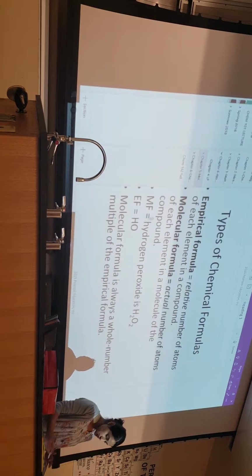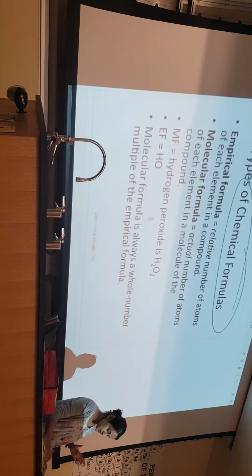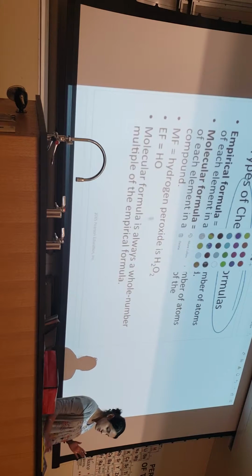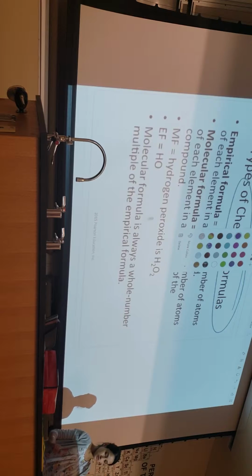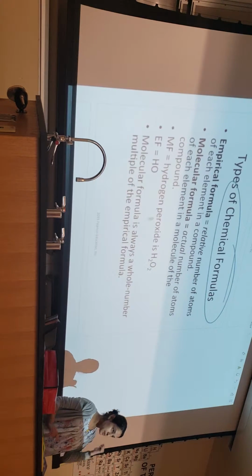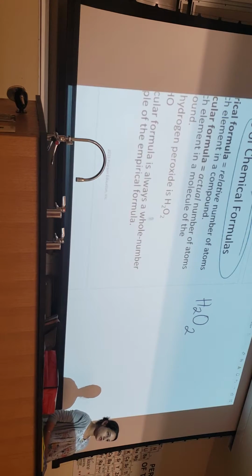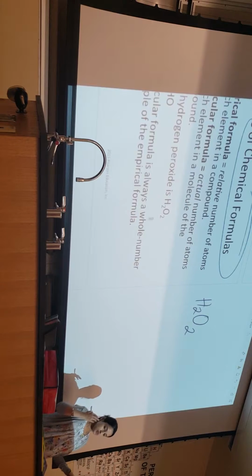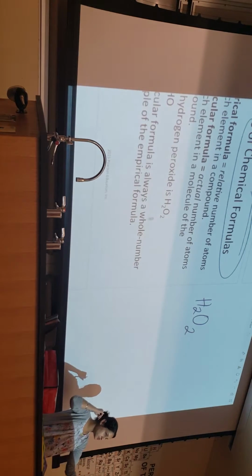Okay, when we look at formulas, we always say, oh, it's a chemical formula. Now, you can classify that chemical formula even further. You can have empirical formulas and molecular formulas. Example of this, hydrogen peroxide. Now, if you look at this, what's the ratio between the two? 1:1. Yeah. Technically, if you look at it, it's 2:2, but can you reduce that?